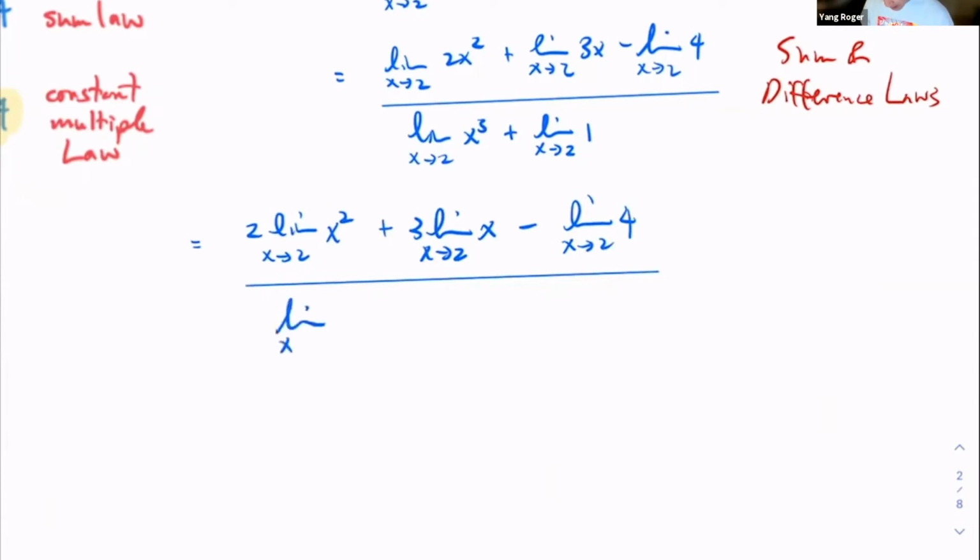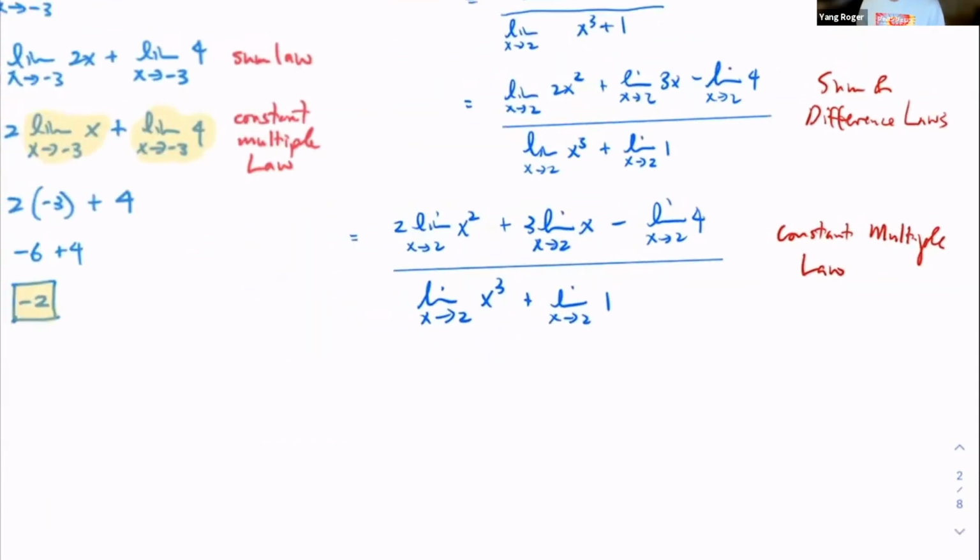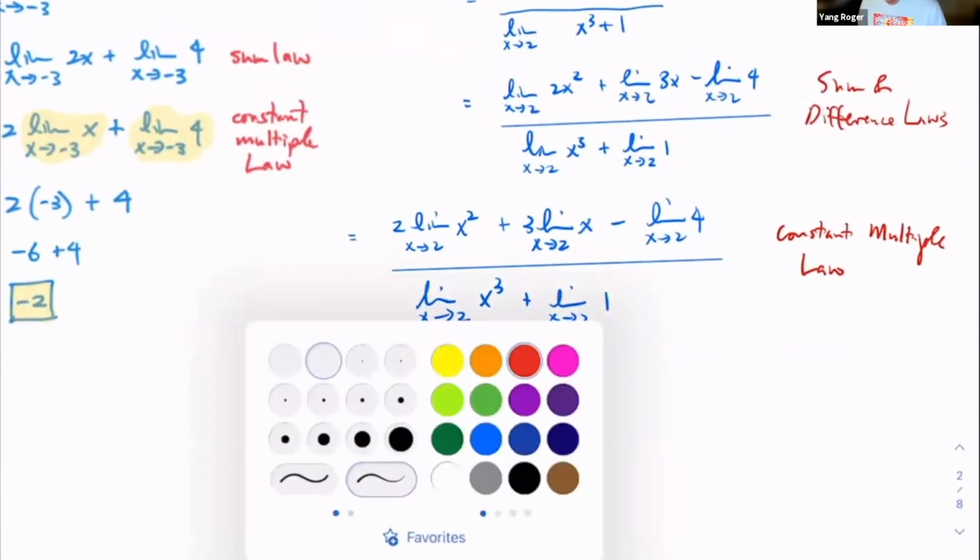I did like your answer because I could use it on the bottom here, but let me save it for the next step because I could use the power law more than once. So this guy is going to become x cubed plus the limit as x goes to 2 of 1. And what we used there was the constant multiple law.